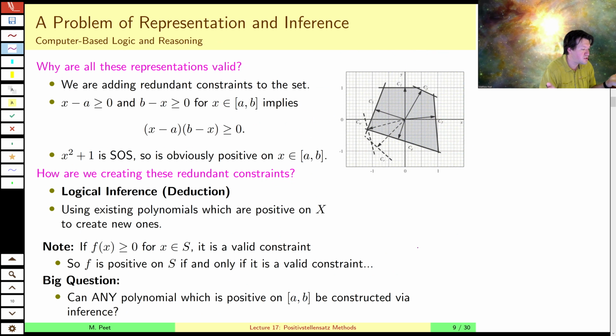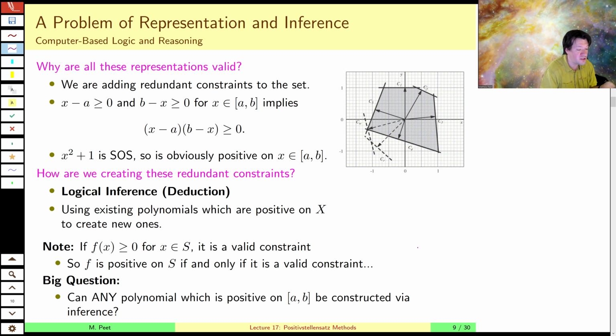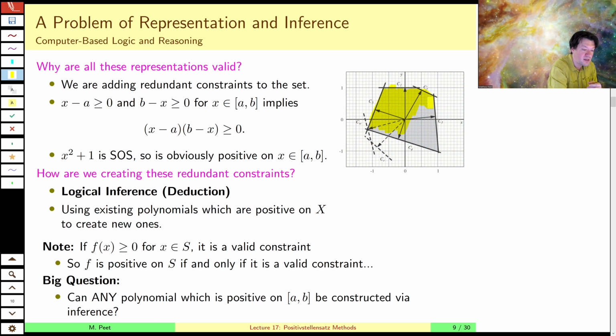So what's going on here? We're constructing valid representations of the set. And how are we doing that? Well, we're adding redundant constraints in a way. Here's your set, for example, and it's defined by certain inequalities, C1, C2, C3, C4, C5.